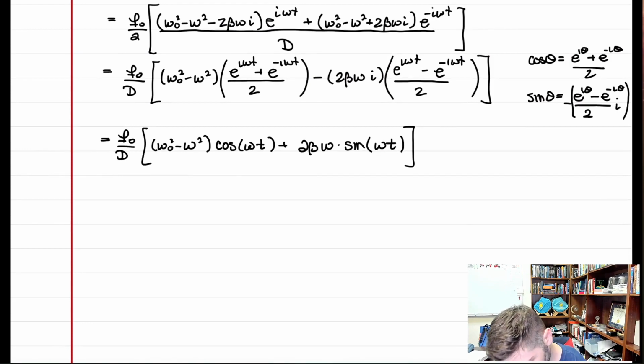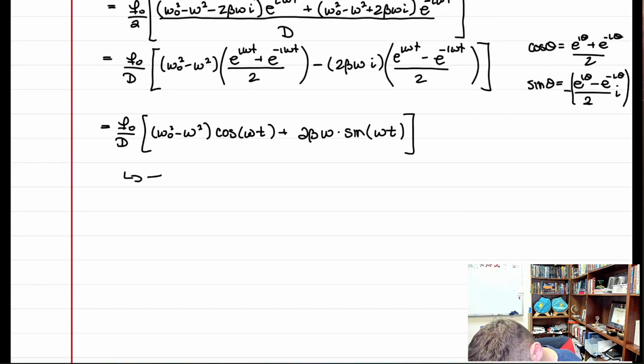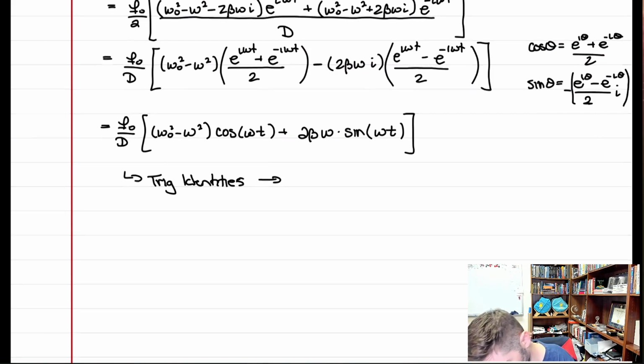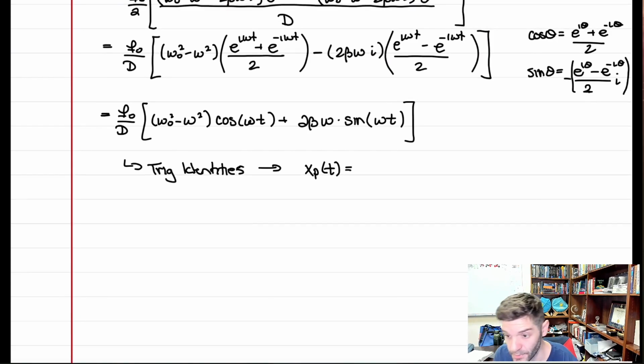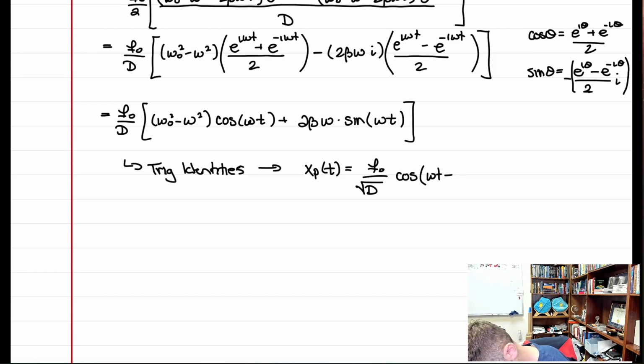Furthermore, through some trig identities, again, when you're adding sines and cosines, you might expect that there are some trig identities, you can simplify this even more, such that this particular solution in this case ends up being f naught divided by the square root of D, all multiplied by a single cosine of omega t minus phi.